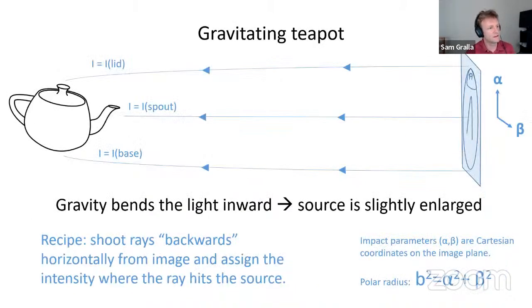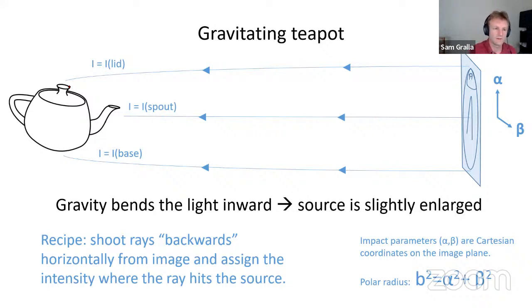And what does gravity do? Well, we want to think about bending of light now. So if we turn on gravity, again, we imagine sending our photons in from the right. We see where they hit the teapot, and then we assign to our image whatever intensity came off the teapot there. So what happens if the light bends inward is the teapot looks a little bigger than it would without gravity, right?